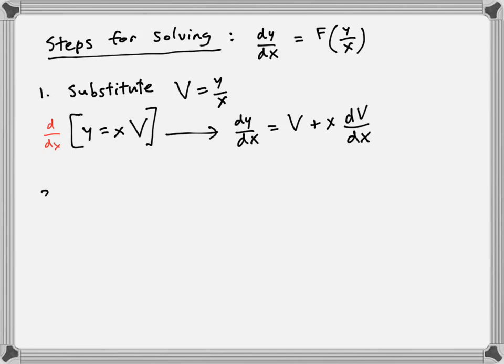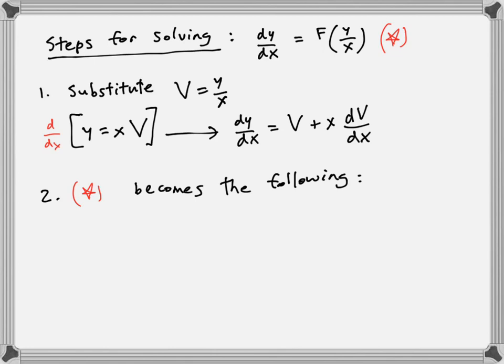Okay, so step 2. Let's go ahead and call this differential equation that we started with star. So star becomes, so what's our differential equation going to become? So let me go ahead and write the right side first.